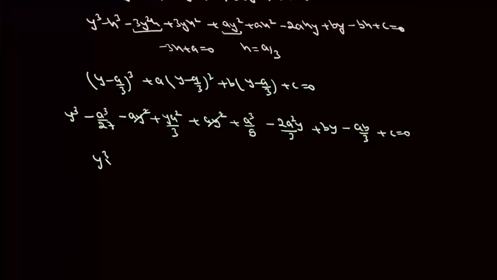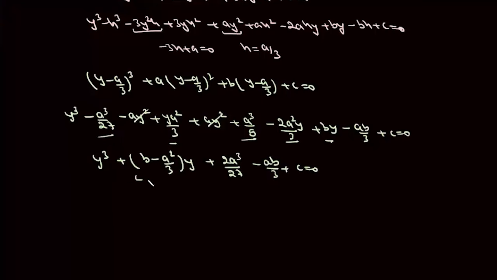So we can write this as y cubed and then terms containing y. So it will be plus b minus a squared by 3, times y, and then it is minus a cubed by 27 plus 3a cubed by 27, so plus 2a cubed by 27, minus ab by 3 plus c equals 0. So let this be p and let the constant term be q. So we'll have a depressed cubic, which is y cubed plus py plus q equals 0.